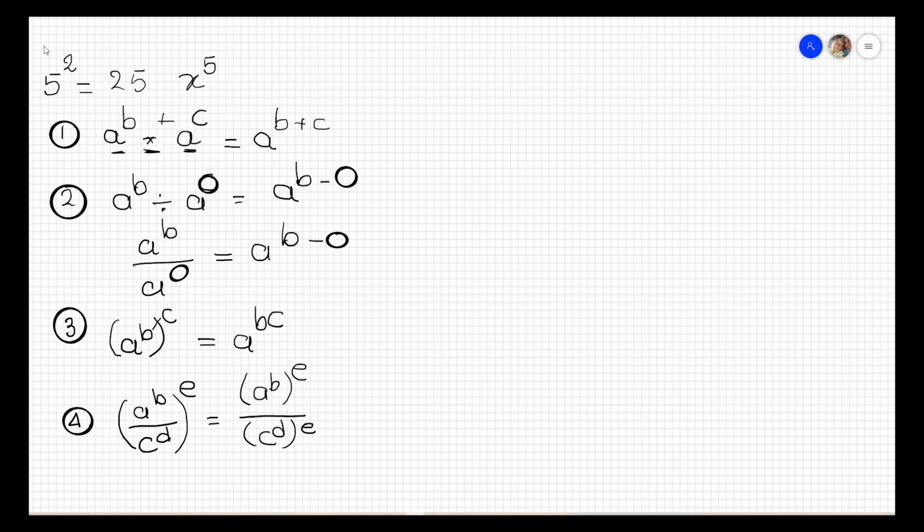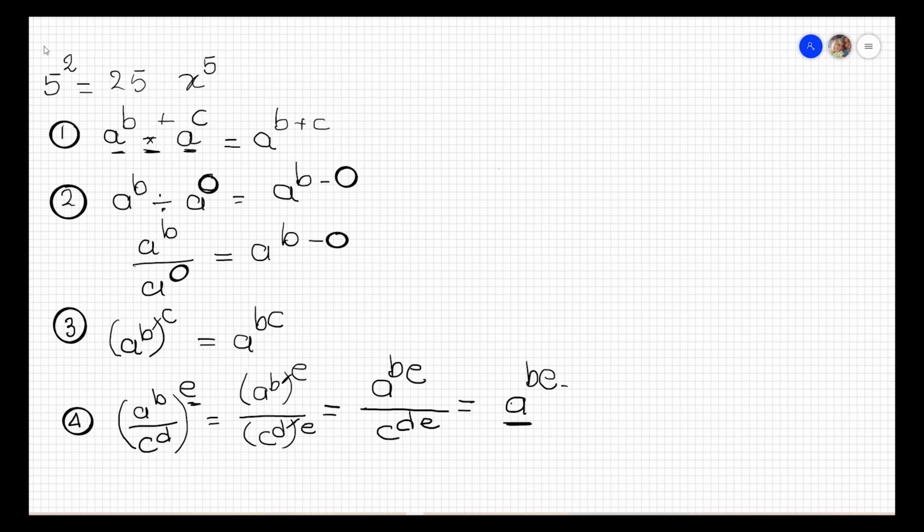As you see, we distribute this power to both numerator and denominator, and again, as we studied in the previous one, it could be a to the power of b times e over c to the power of d times e. Also, could we simplify it more because they are division? No, we could not simplify because this is a mistake.